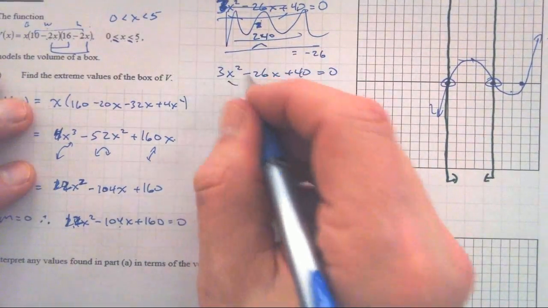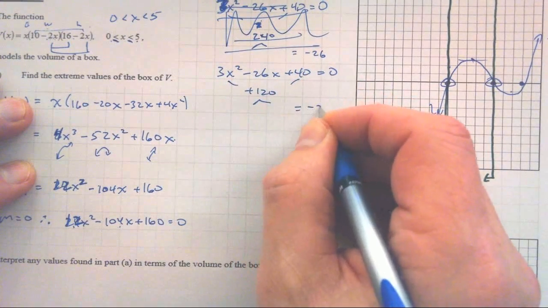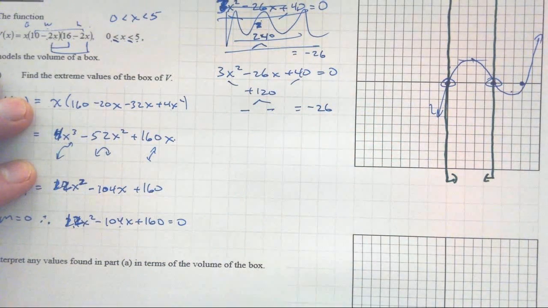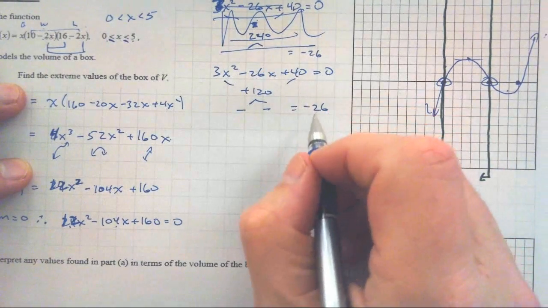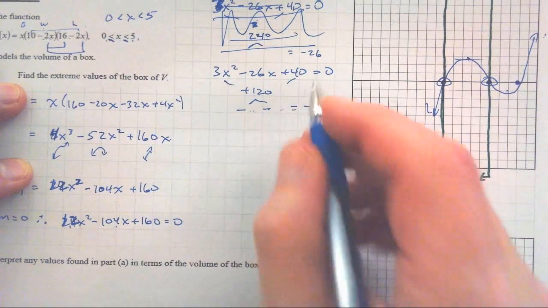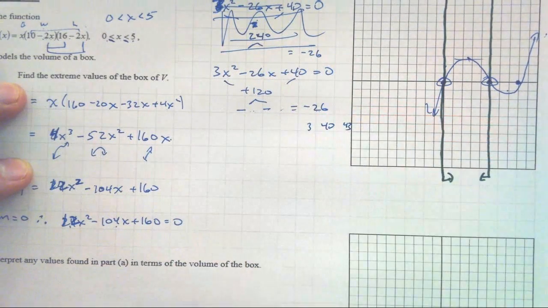Okay, so now I need factors of positive 120 that add up to be negative 26. Therefore, they must both be negative numbers. And again, you could use the quadratic formula on this, but I'm going to do it this way. If they're both negatives, they add up to 26. Well, how did I get there? I got there with 3 and 40. Those add up to be 43. That's no good.